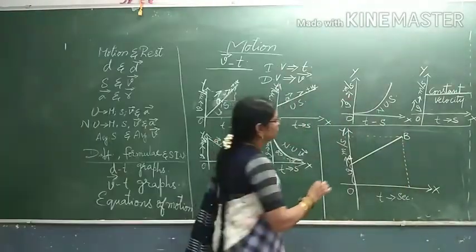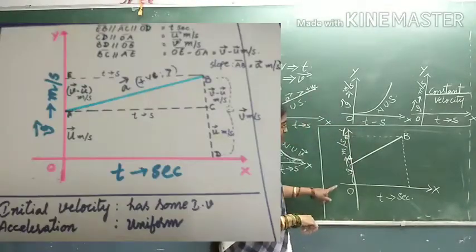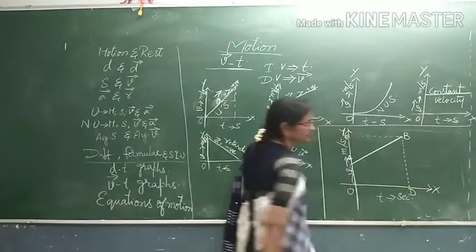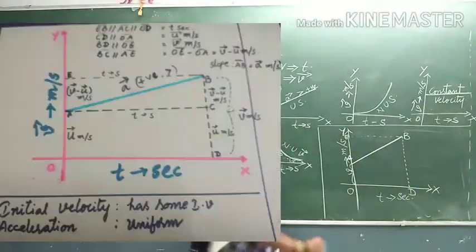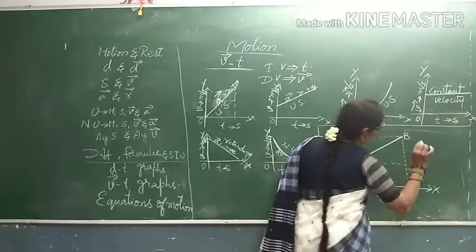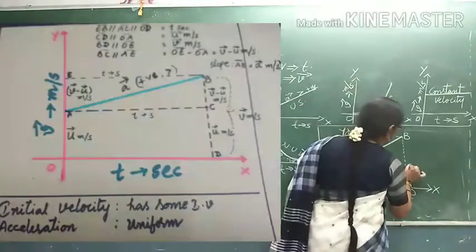Now put it as E. Now let this be D. Now if you make this half, two areas are coming, you see. Now put it as C.